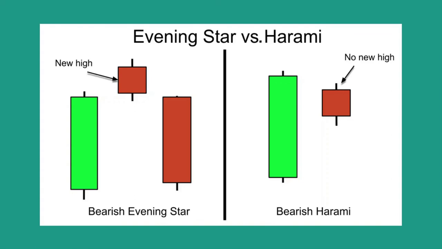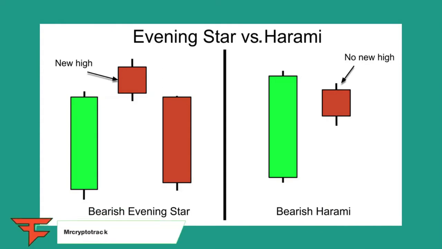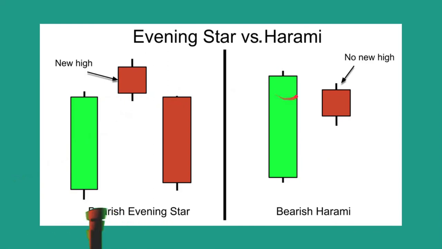Additionally, the high point of the evening star pattern is the 2nd candle. On the other hand, the high point of the harami is in the 1st candle. This is the 1st candle of the harami pattern, and here the highest price is in the 1st candle. But in the evening star, the highest price is in the star, the 2nd candle.